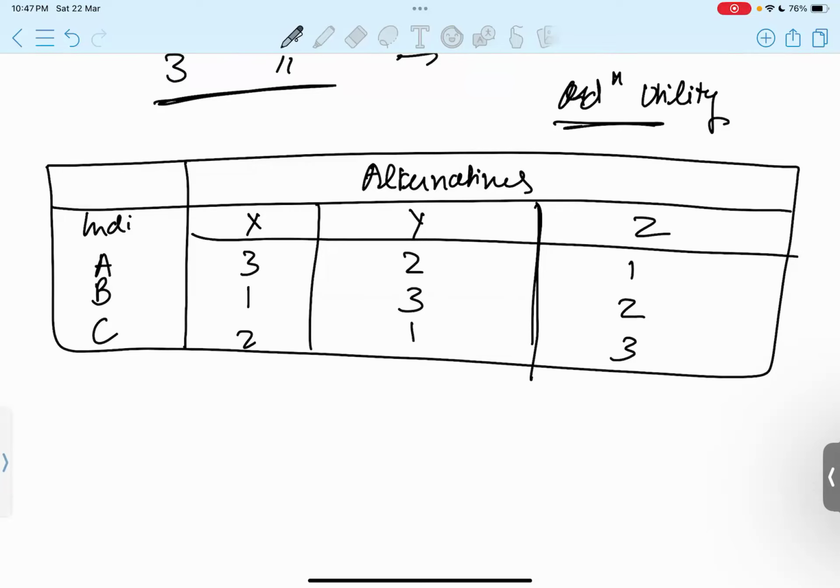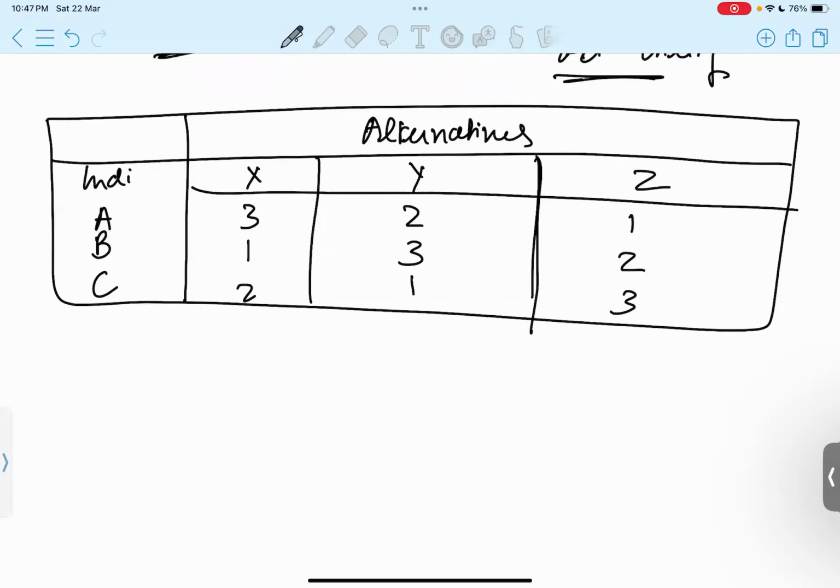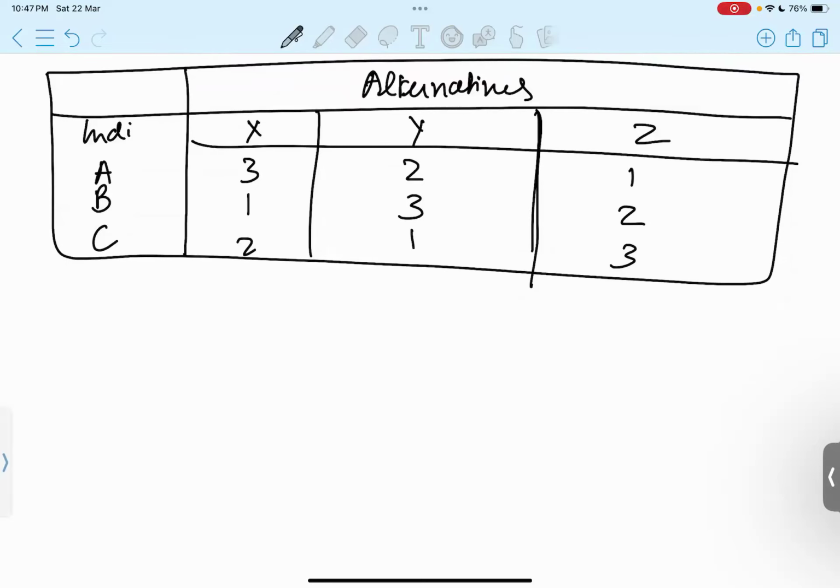These are the ranks. If you look at the choices or the rank given by the 3 individuals, you can say that A is preferring Z over X, because rank 1 is given to option Z, and the last rank is given to X. B, when we are looking at just these 2 alternatives, is preferring X over Z, because X is having rank 1.